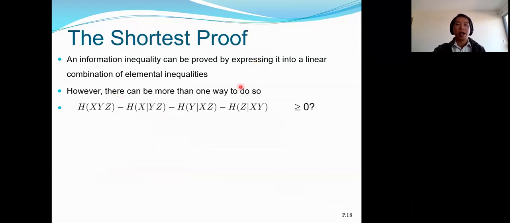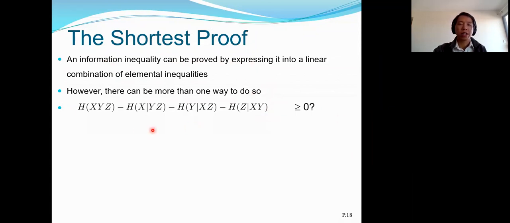So we can see that what the linear program does is basically express the given information inequality in terms of the elemental inequalities and also the given constraints. However, it is natural to ask: is there only one way to do this re-expression, or is there more than one way to do it?